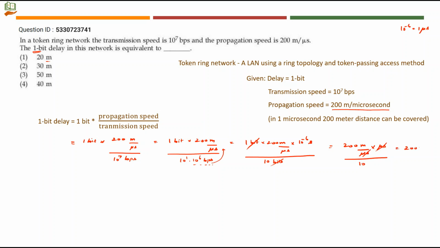Ultimately you will have 200 meter divided by 10. Cancel the 0. You will end up with the answer 20 meter. Option number 1 will be the right answer. Only when you keep the units meter per microsecond as it is, you can understand how that microsecond is getting cancelled from the denominator value.